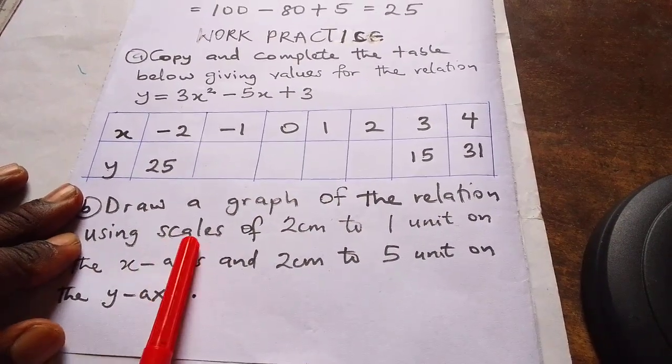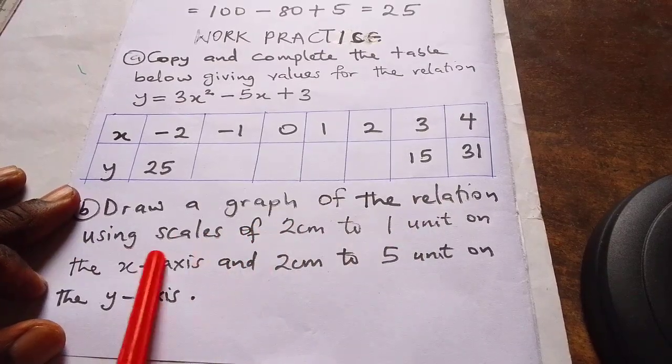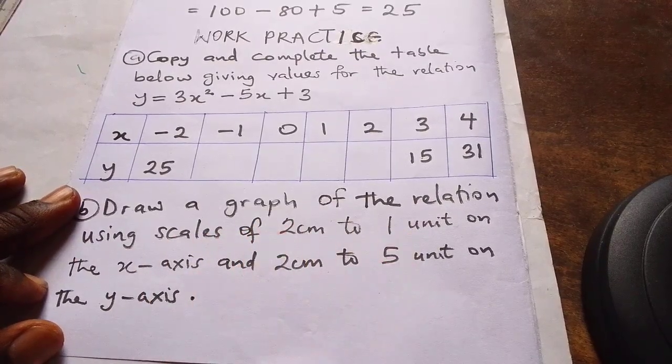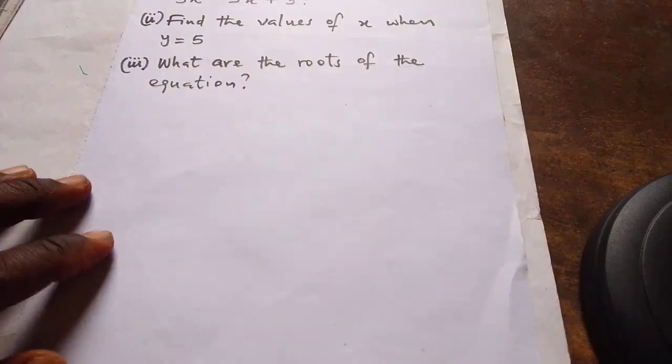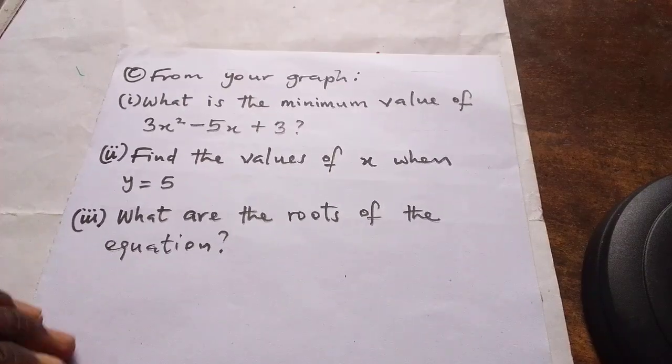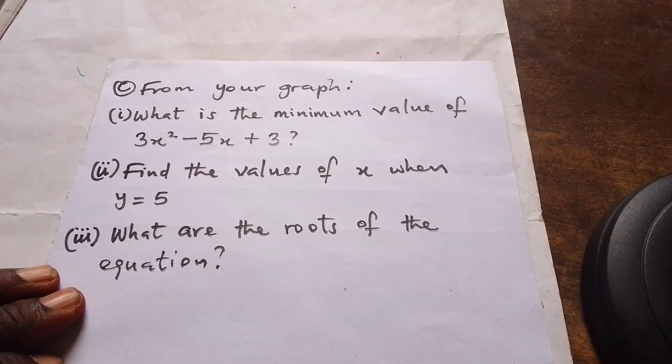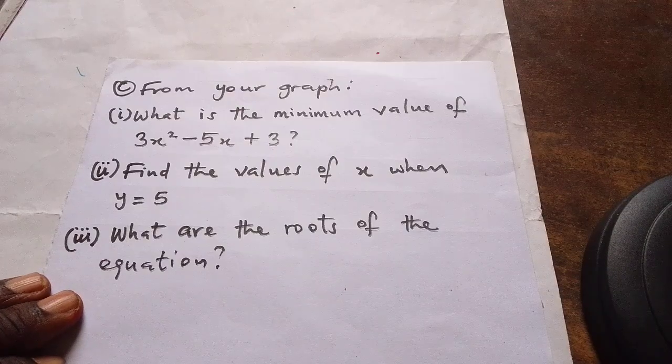Then B, draw a graph of the relation using scales of 2 cm to 1 unit on the x-axis and 2 cm to 5 units on the y-axis. Then C, from your graph, 1, what is the maximum value for 3x squared minus 5x plus 3? 2, find the values of x when y is equal to 5. Then 3, what are the roots of the equation?